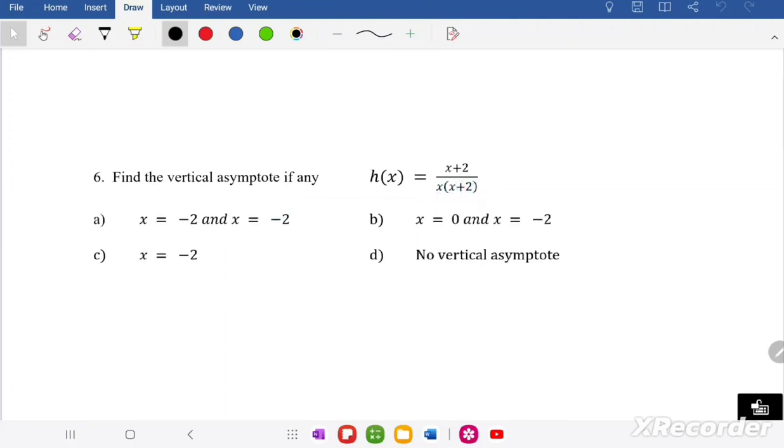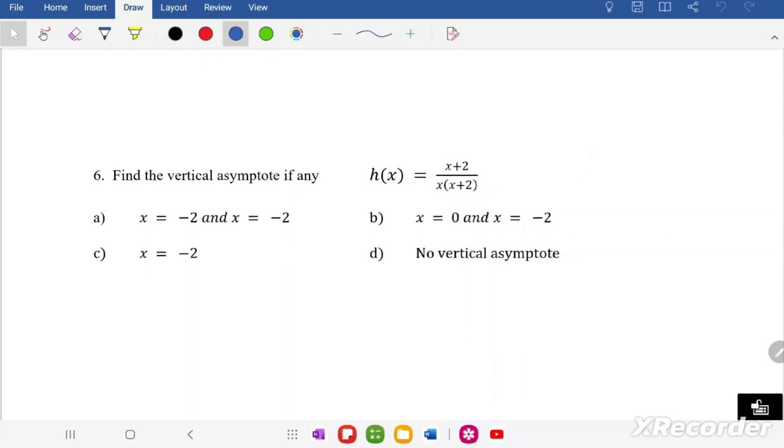It's very similar to the way we find the domain of a rational function, right? So the denominator here is x times x plus 2. Make the denominator expression equal to 0 and solve for x, right?